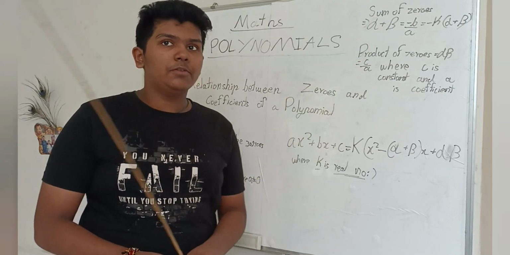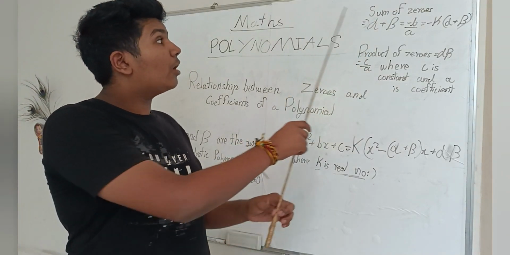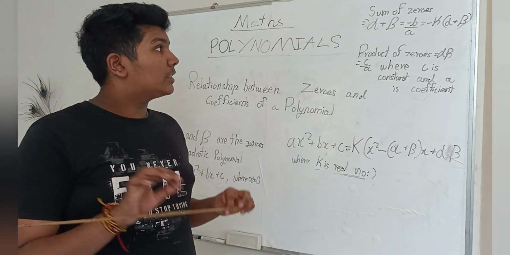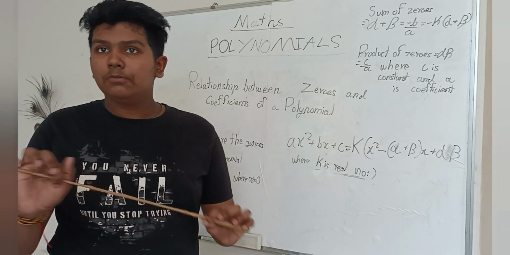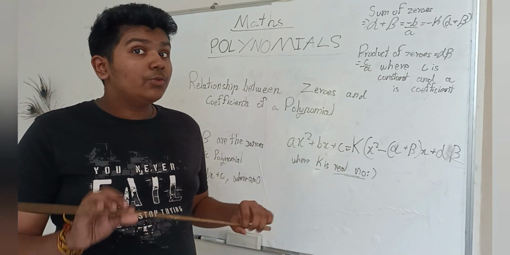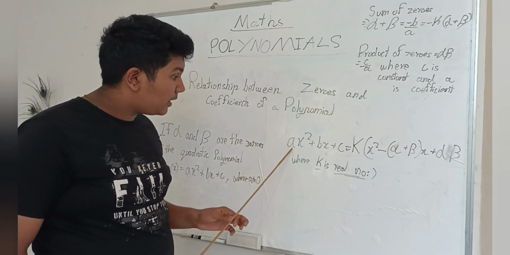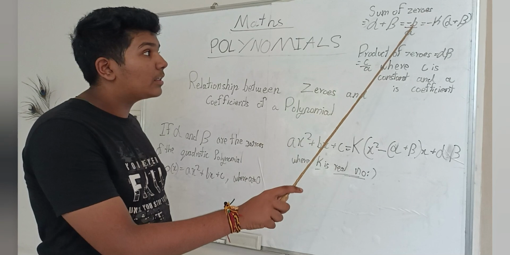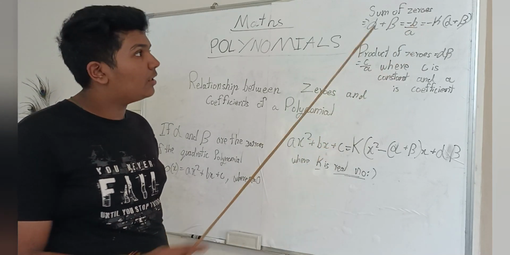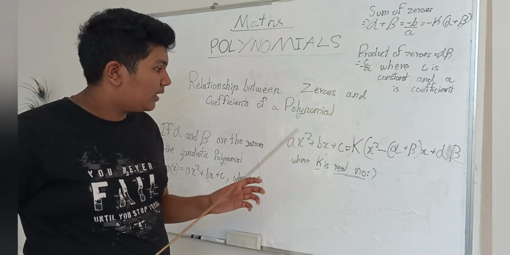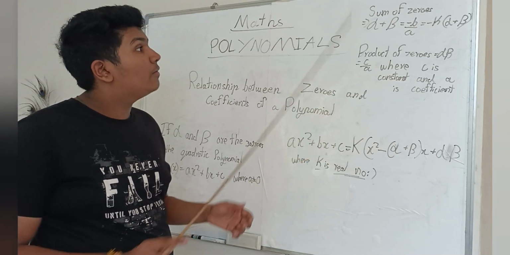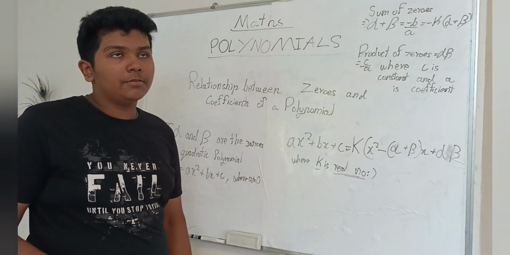Now next is sum of zeros. So what is the sum of the zeros? Sum of the zeros is alpha plus beta, that is equal to minus b by a. This a will come as a coefficient, it will come in the denominator, and b is this variable, but it will come in negative form.